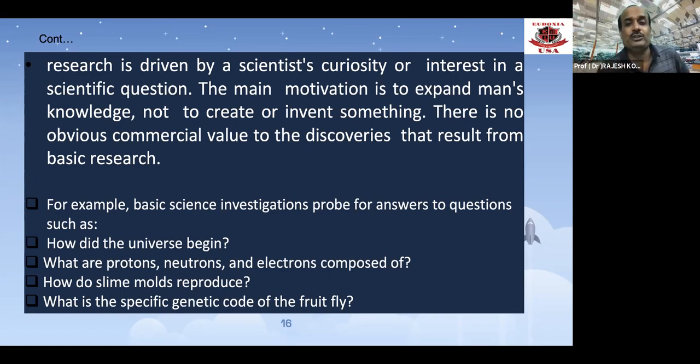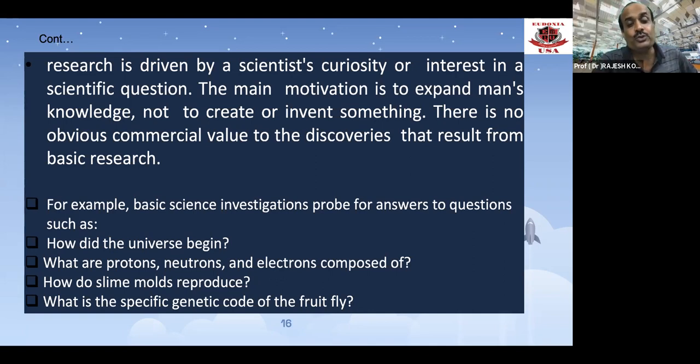The main motivation is to expand man's knowledge, not to create or invent something. There is no obvious commercial value to the discoveries that result from basic research. For example, how did the universe begin? There are so many theories, but what's the exact theory? Through the scientific process, what do you do and what do you add? That is basic research.